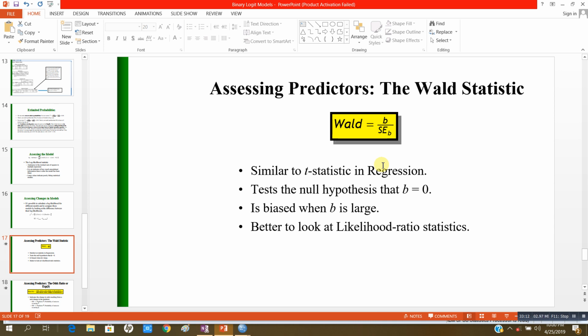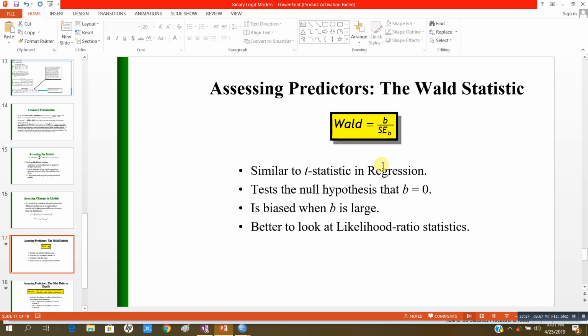So this is in a way similar to the t statistic in regression, and it tests the null hypothesis that the coefficient is equal to 0. But keep in mind that it could be biased when b is large. So we had better look at the likelihood ratio statistic rather than the Wald statistic.